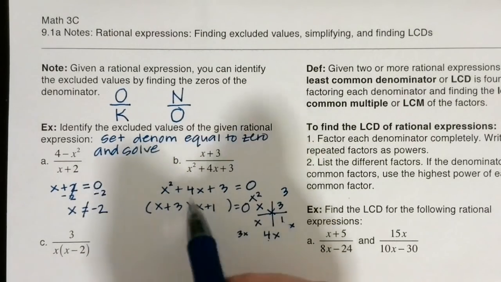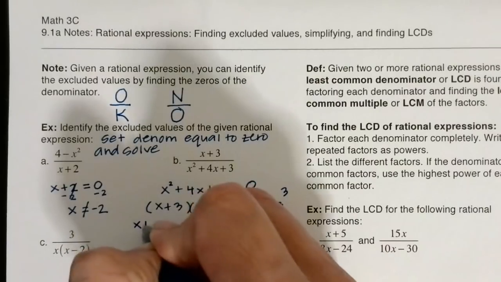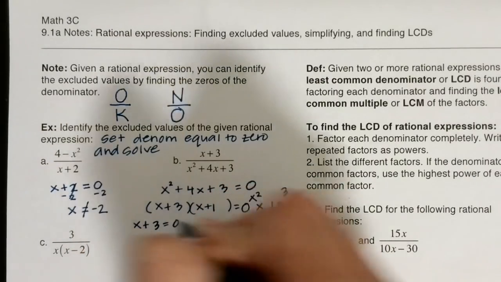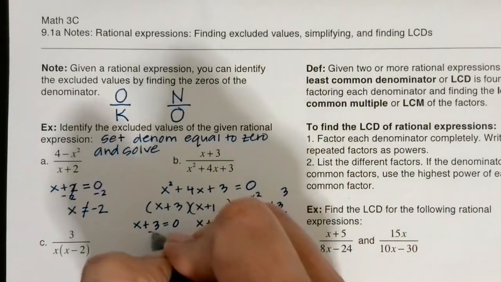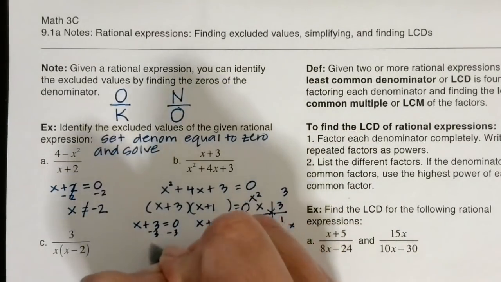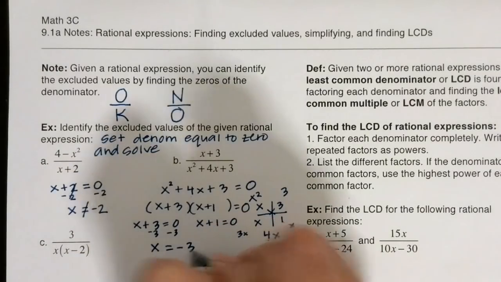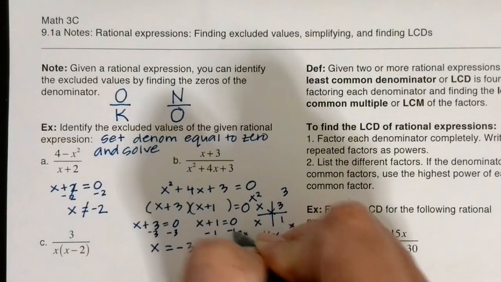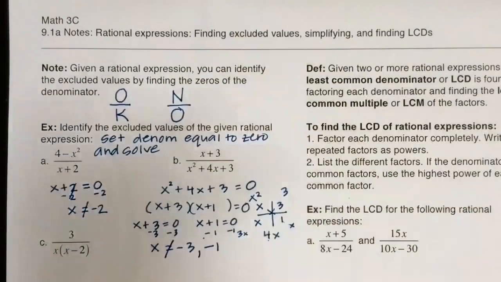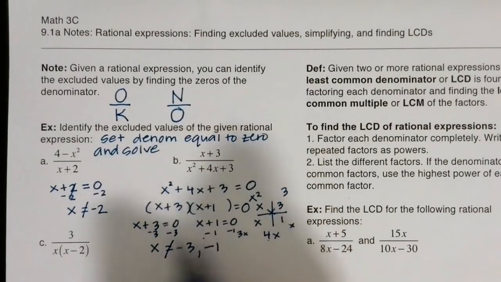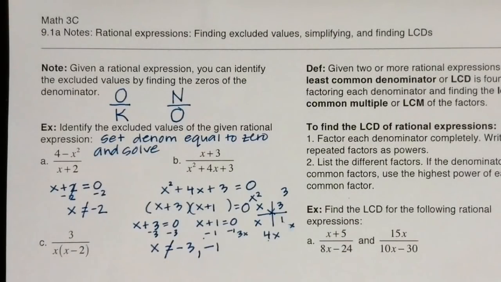So we're just splitting these up into 2 pieces. X plus 3 equals 0, and x plus 1 equals 0. Subtract 3, so negative 3 makes it 0, subtract 1, and negative 1. So instead of saying x can equal those, we're going to say x can't equal those, because then you'd have a 0 in the denominator.